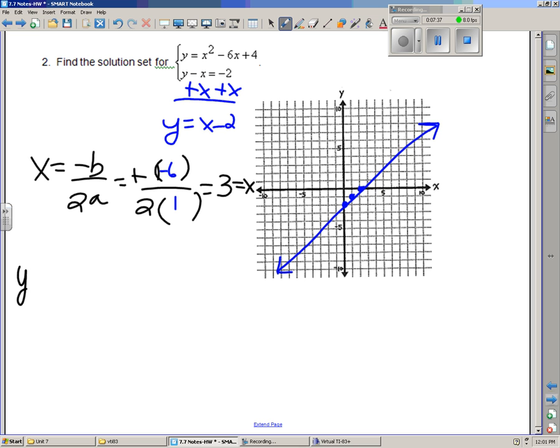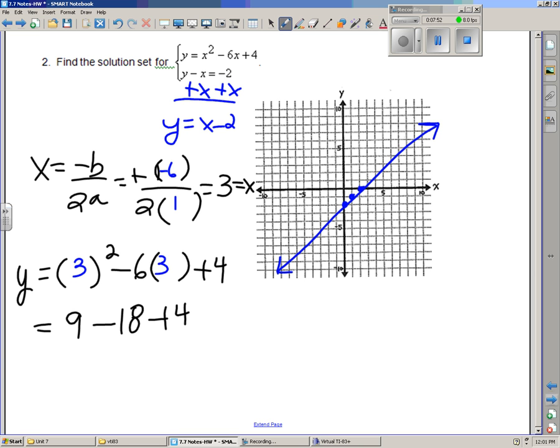Now you take your quadratic again, which is x squared minus 6x plus 4. You plug in the x value. You do the math. 3 squared is 9 minus 18 plus 4. Y equals negative 9 plus 4. Y equals negative 5.